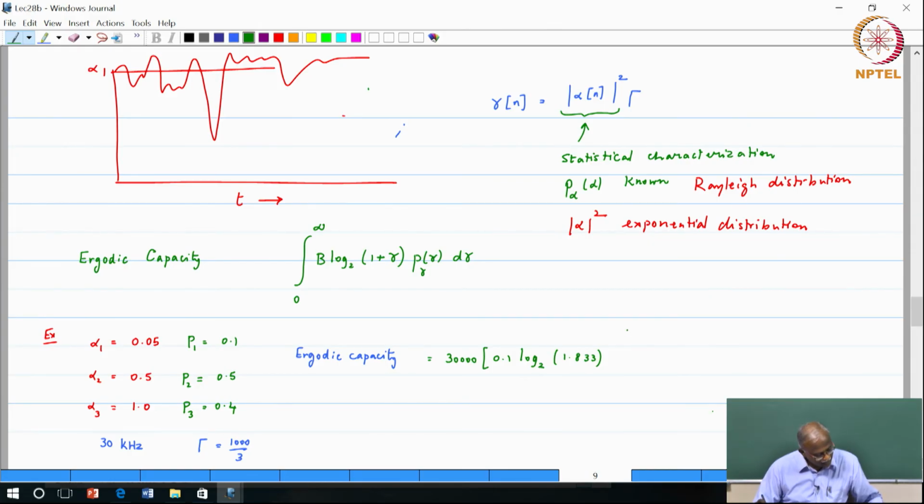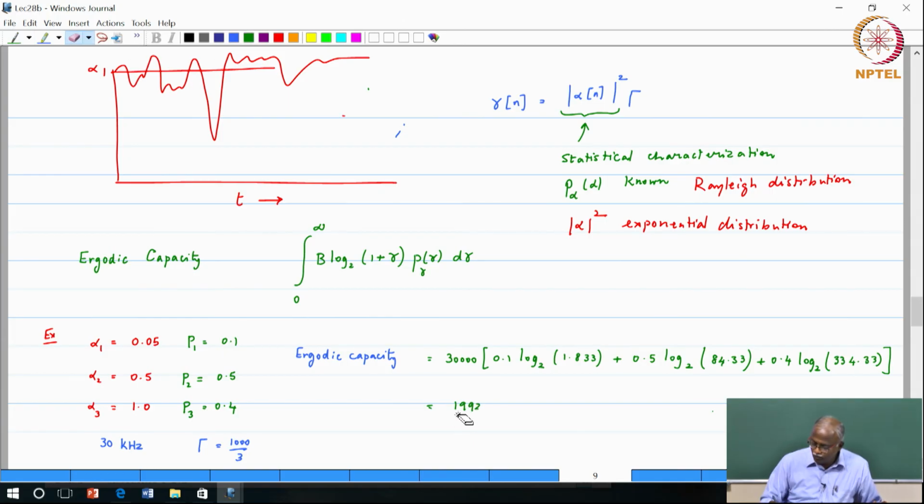The second term will be 0.5 probability, logarithm base 2, and it comes out to be 84.33. The last term is 0.4 probability, logarithm base 2 of 1000 by 3, which is 333.33, plus 1, giving 334.33. Verify this; it comes out to be 199.2 kilobits per second.